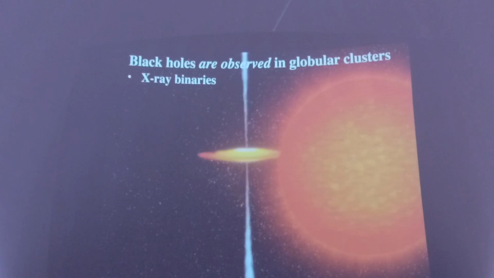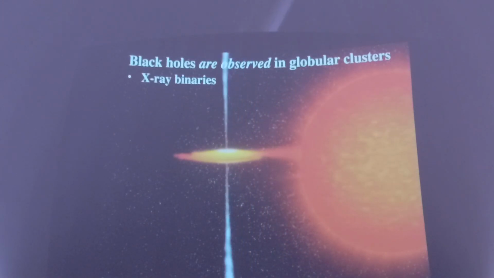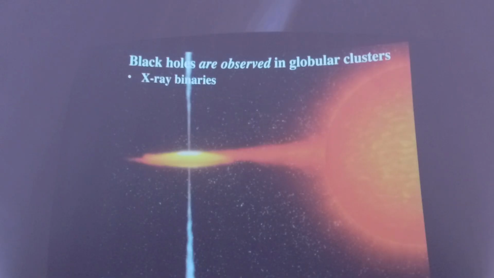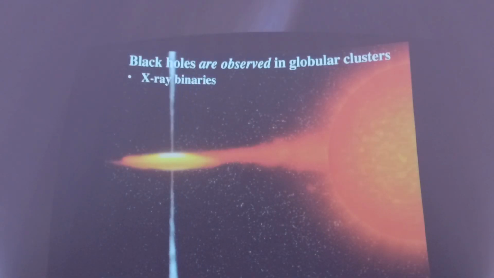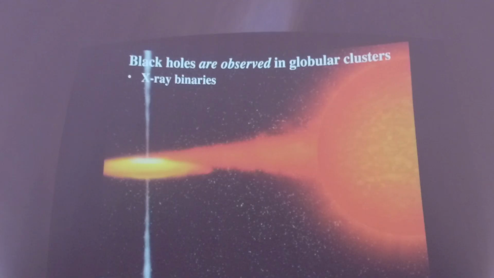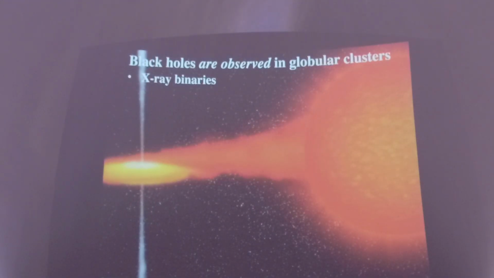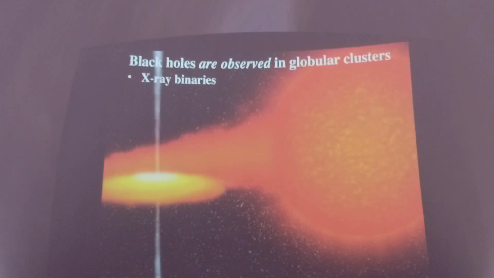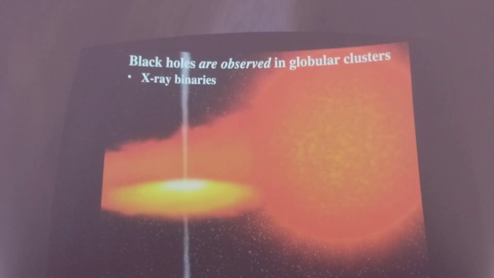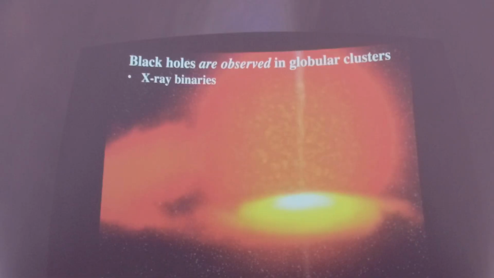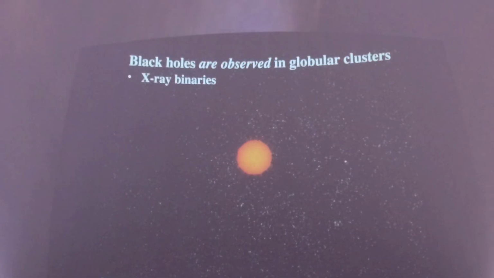There we go. And these accretion disks, as the material falls onto the black hole, are incredibly hot, which means they emit very predominantly X-ray radiation. There aren't a lot of things that do that. X-ray radiation is kind of rare. So this was the first way black holes were actually discovered in globular clusters. People pointed X-ray telescopes at globular clusters, and they found these weird X-ray sources, which very clearly stood out from everything else.